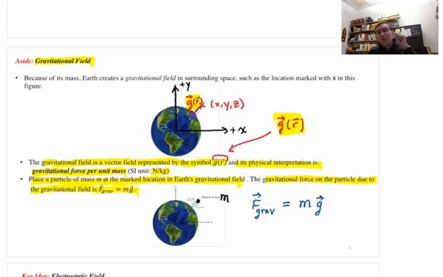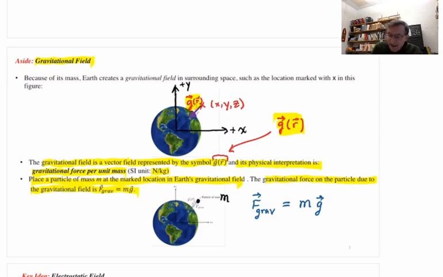So if you know the gravitational field g arrow at any point, and then somebody comes along with their favorite pet particle and puts it there and tells you the mass of their pet particle, m, then m times g is the gravitational force that that pet particle will experience.